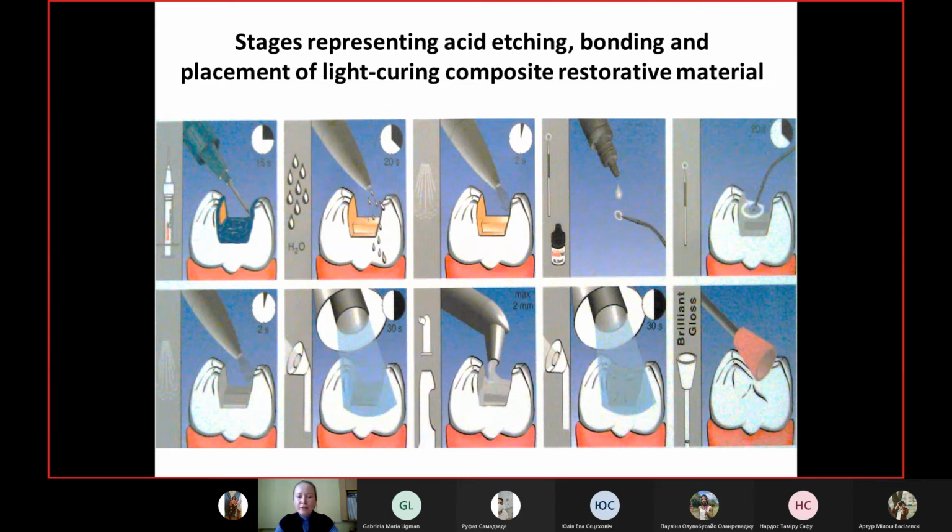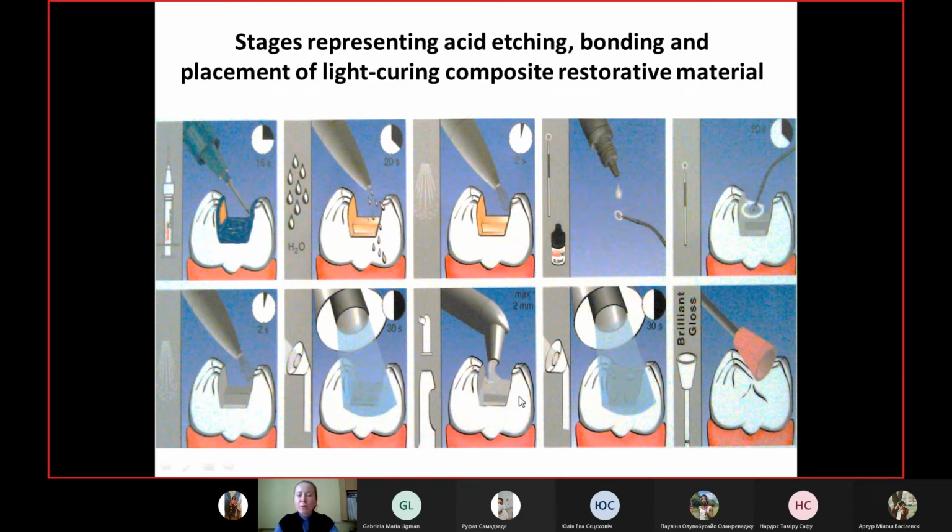After distributing the adhesive system by a light stream of air, or just giving a few seconds to vaporize, the next essential stage is light curing. Light curing of the adhesive system is 10-15 seconds, and then applying light curing composite material.